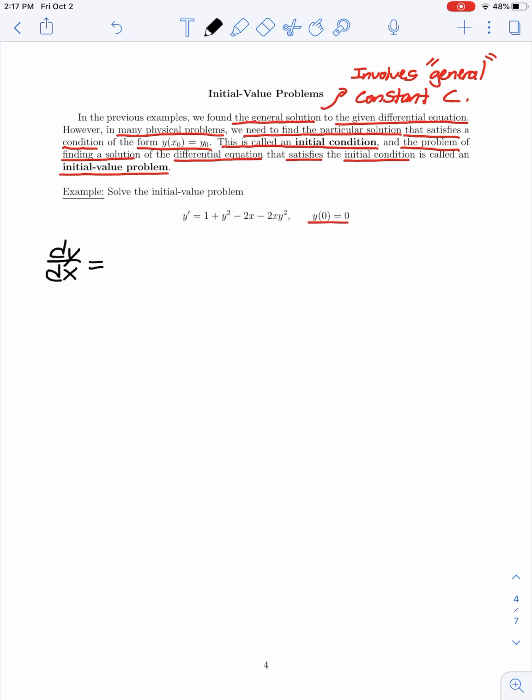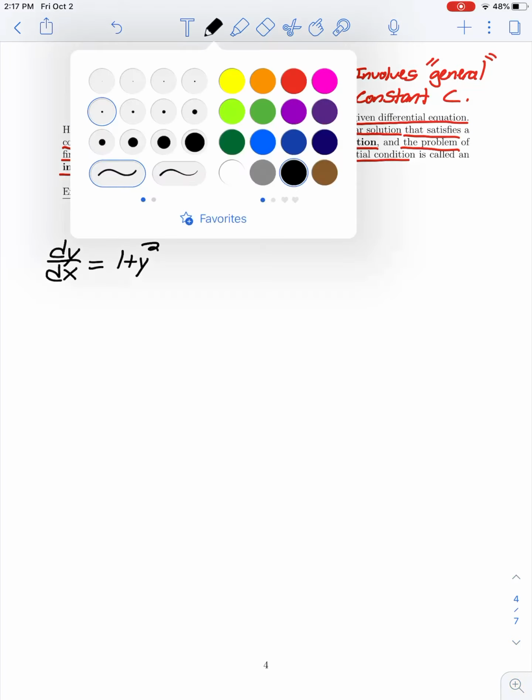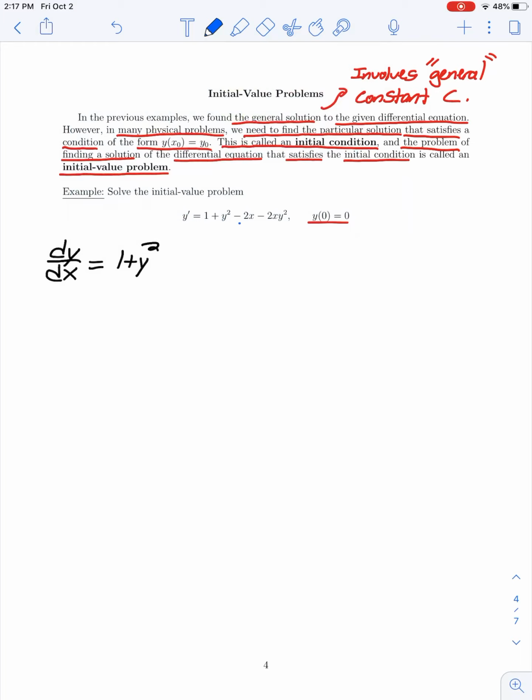And this is equal to 1 plus y squared minus 2x minus 2xy squared. Now in these last two terms on my right-hand side, I see that I could factor out a negative 2x, and that would leave me with 1 plus y squared for those last two terms.